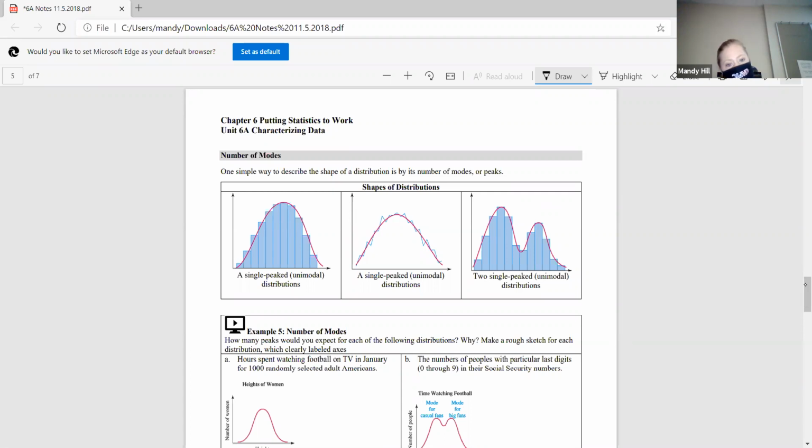Same thing here, we just have one peak. This has two obvious peaks, two single peaked unimodal distributions. If this was our case, we would only have one mode, because it would be whatever is listed the most. Sometimes they'll ask for a second mode on a problem.